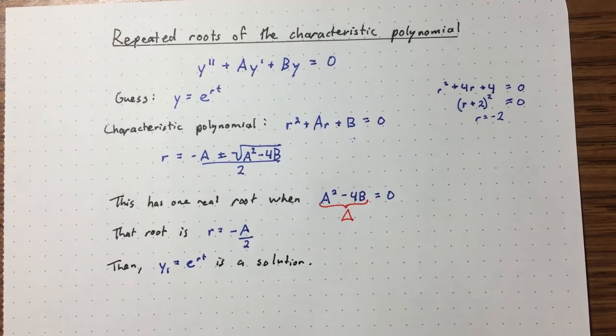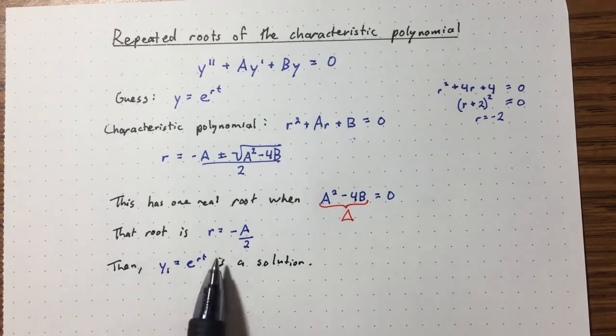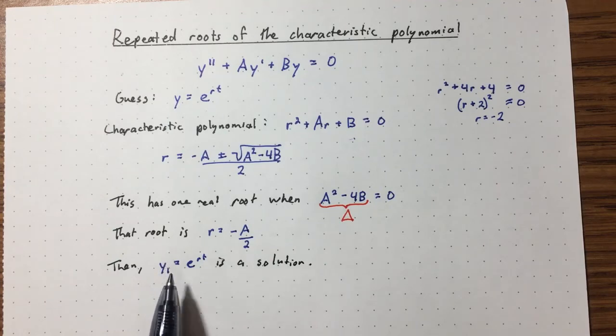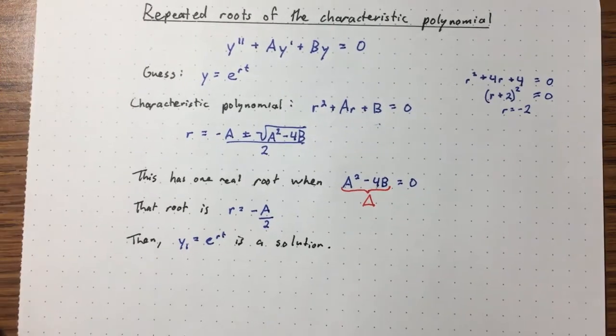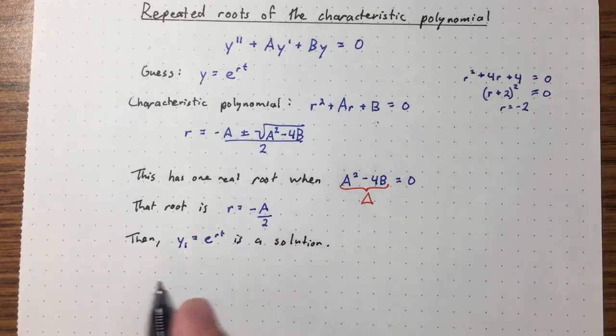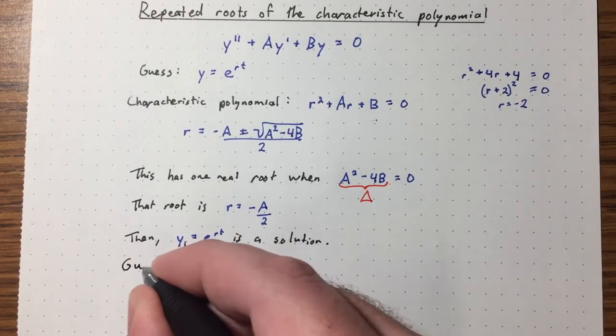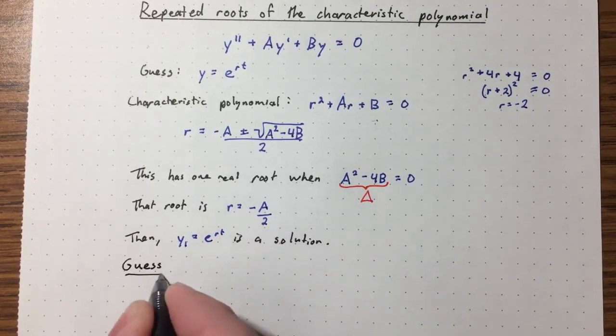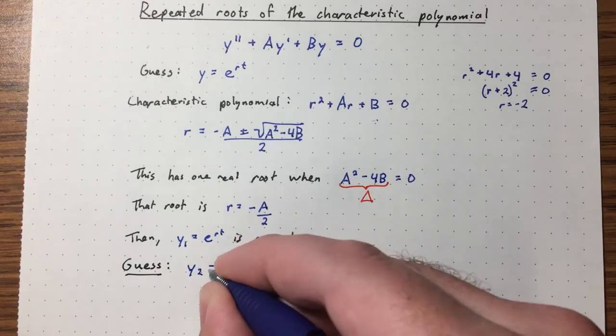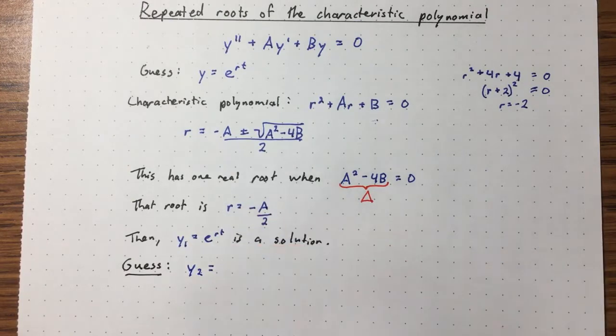But to form the general solution, we're going to need another solution that's not just a constant multiple of this one. So how do we find that? Here's one way to do it. We're going to guess a second solution that's not just a constant multiple of this one.